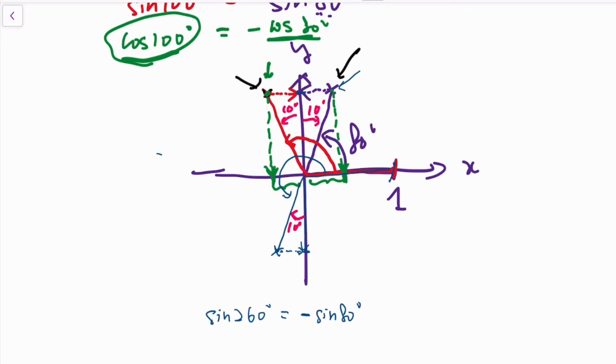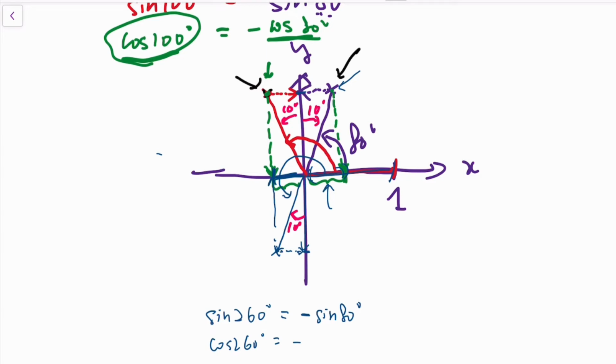Then we can do the same thing for cosine. So cosine 260. Similarly, it is the x coordinate, and the x coordinate of this point should be negative. And it should also be obvious that this x coordinate is the same as the value of the x coordinate of the 80 point.